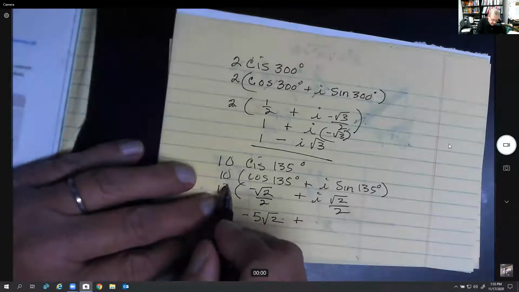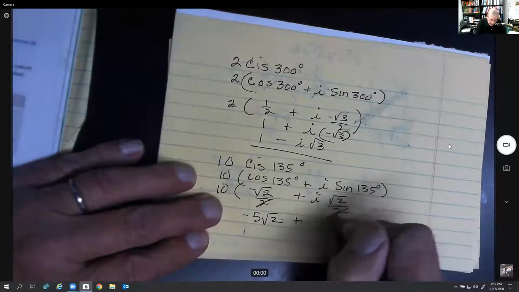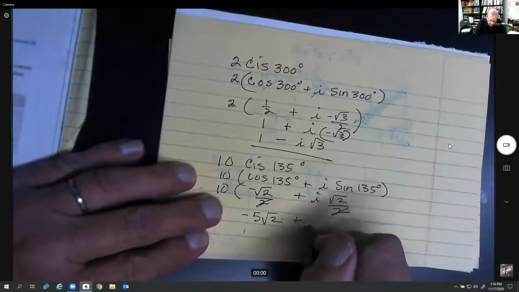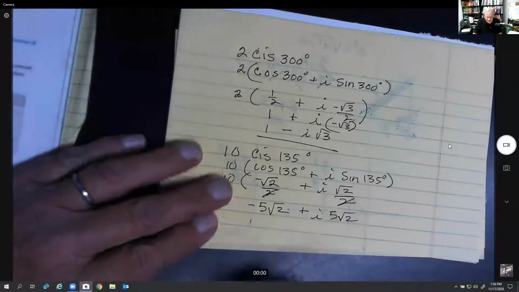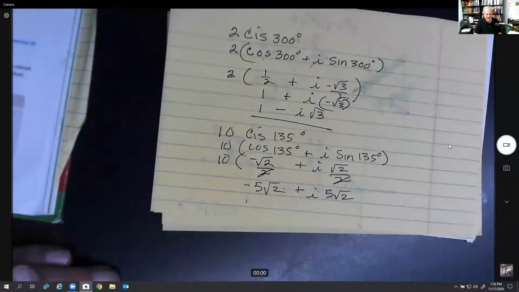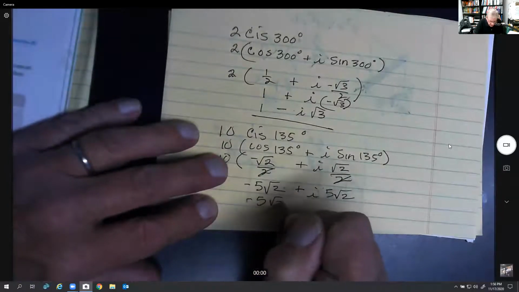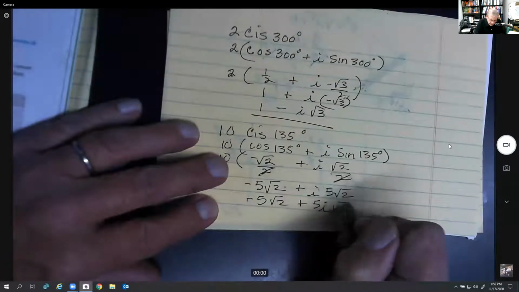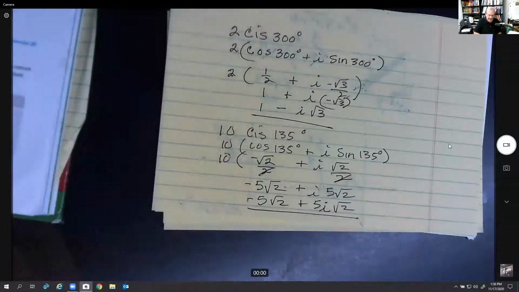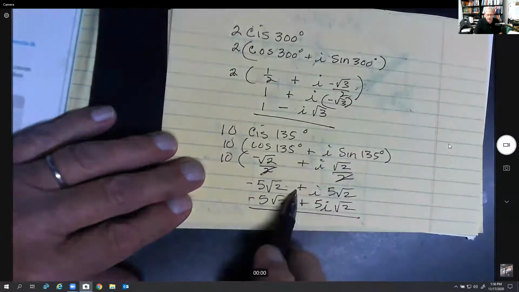And 2 goes into 10 5 times, so to get rid of our denominators, i 5 radical 2. I usually don't write it like that. It looks a little weird. So we probably write it as negative 5 radical 2 plus 5i radical 2. It looks a little more pleasing to the eye. And that's our answer. So we've translated from polar form to rectangular.